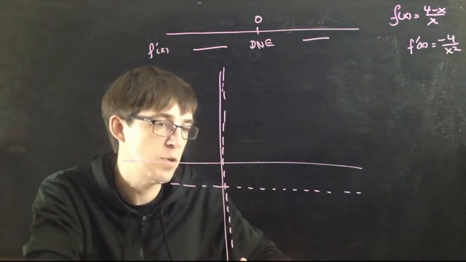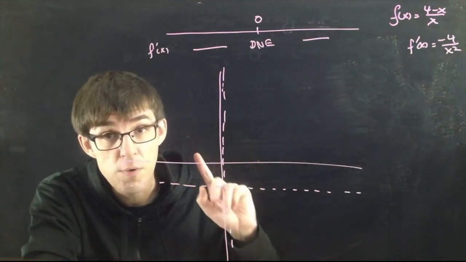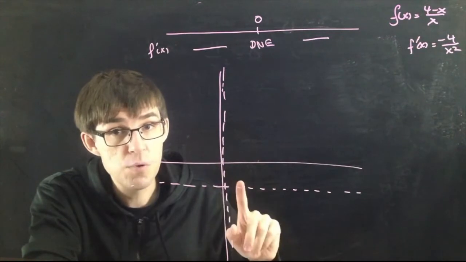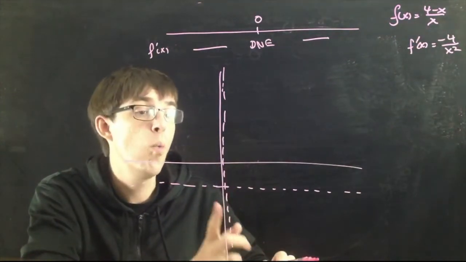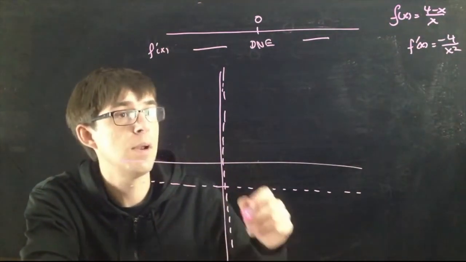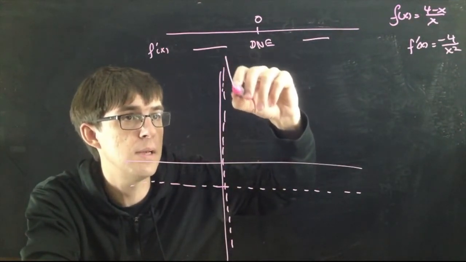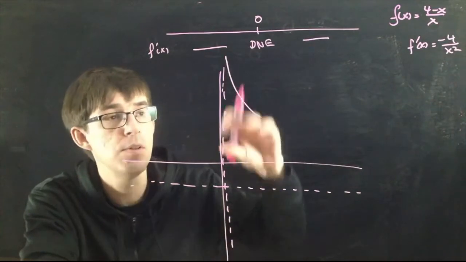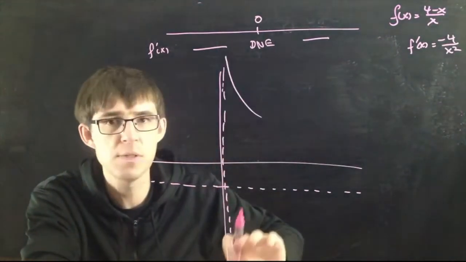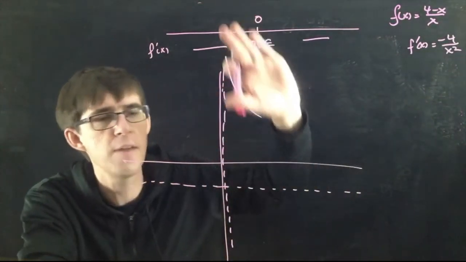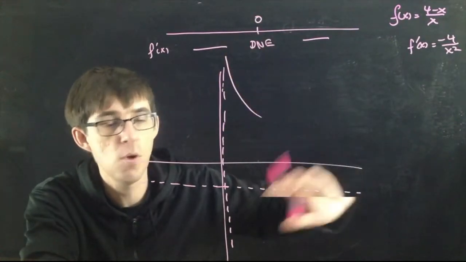To the right of the asymptote, remember, the graph must approach the asymptotes. So when this curve leaves the asymptote, I think there are two options, right? Either it should come down like that. This vertical asymptote means when the curve gets close to it, it either goes up forever or it goes down forever.